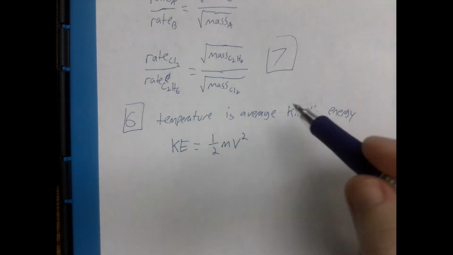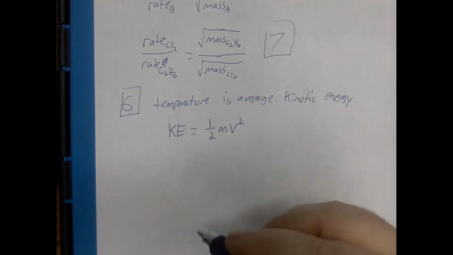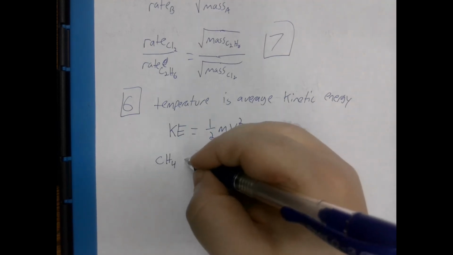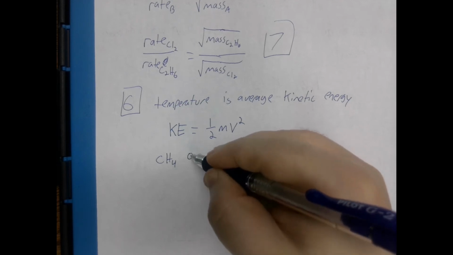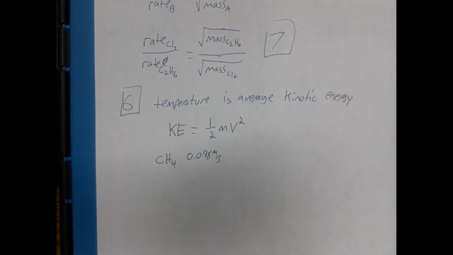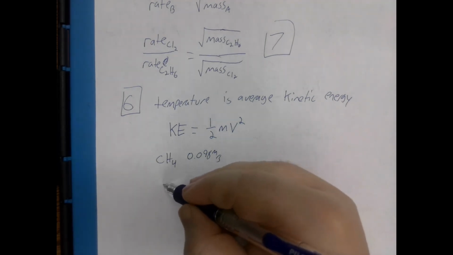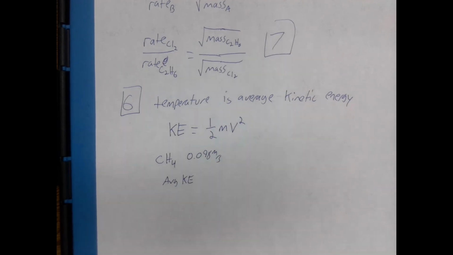So if temperature is average kinetic energy, and CH4 is moving at 0.098 meters per second squared, its temperature is going to be equal to the average kinetic energy of this gas.